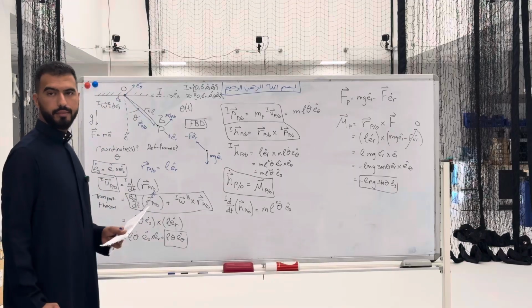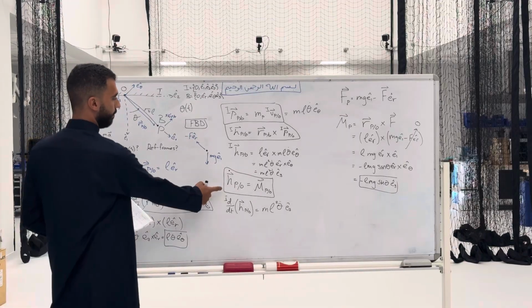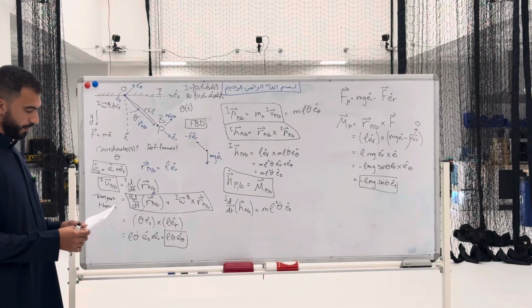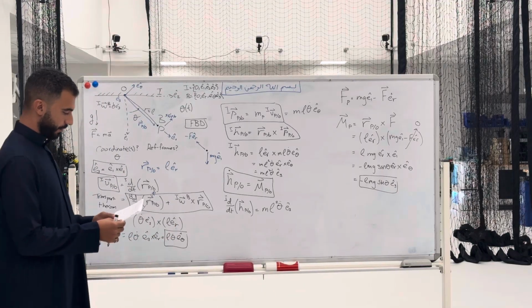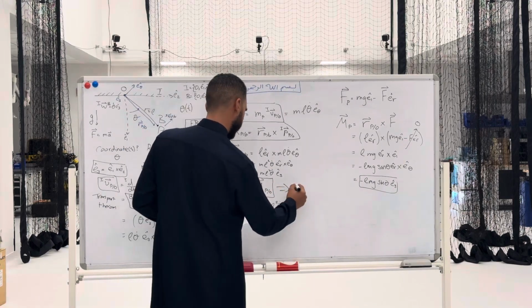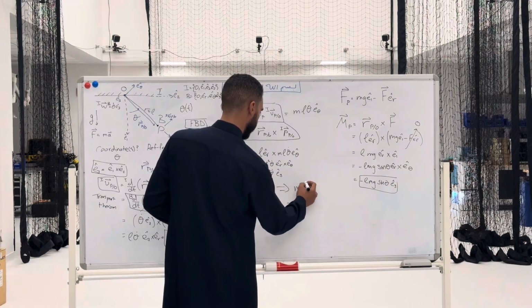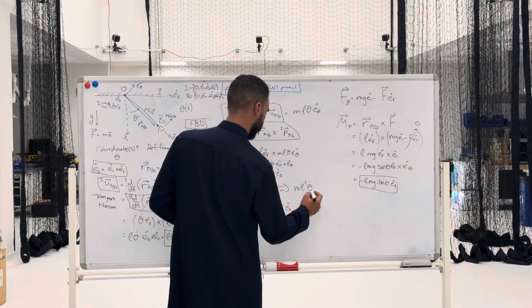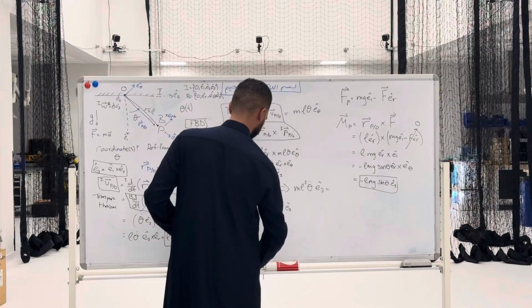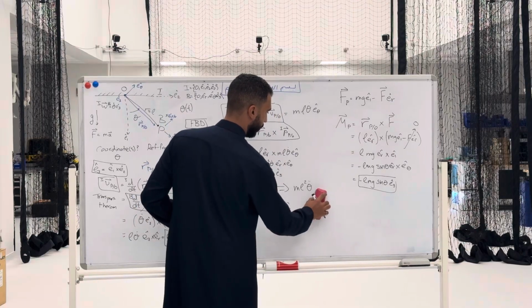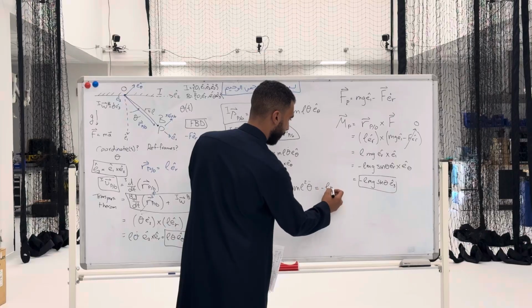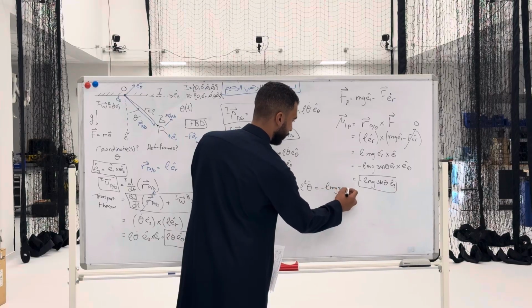You guys see it? This is a fundamental of dynamics. So from this we can now equate both sides. So ML squared theta double dot E3, or we can just drop the components because they're all in the E3 direction, equals negative LMG sine theta.